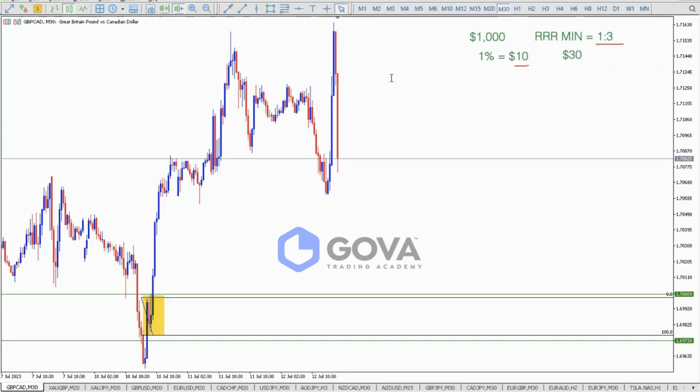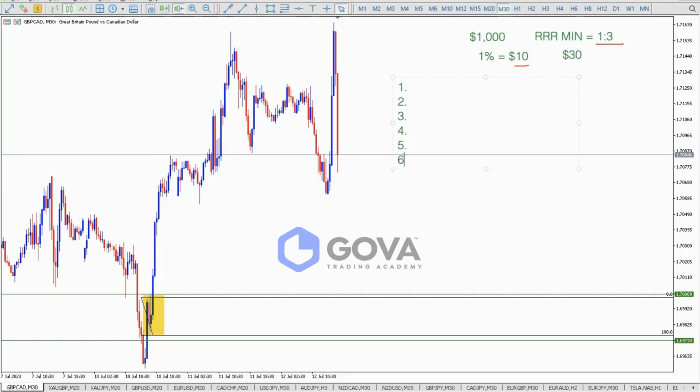Now, remember we are risking $10 per trade. So let us assume we are taking 10 trades. This is how risk management works.